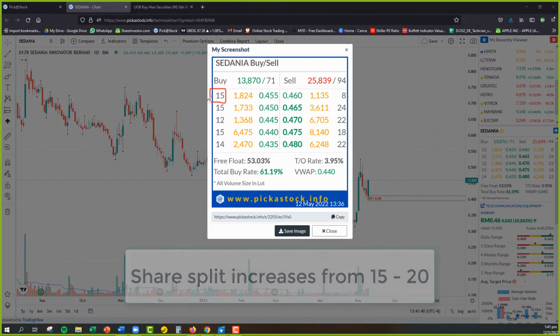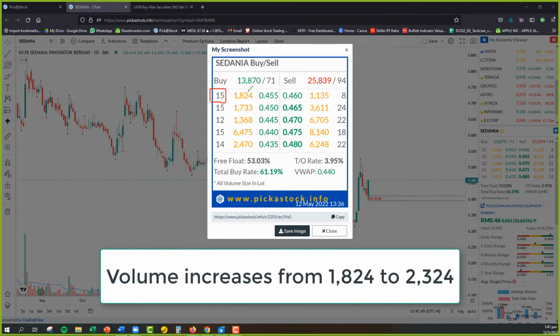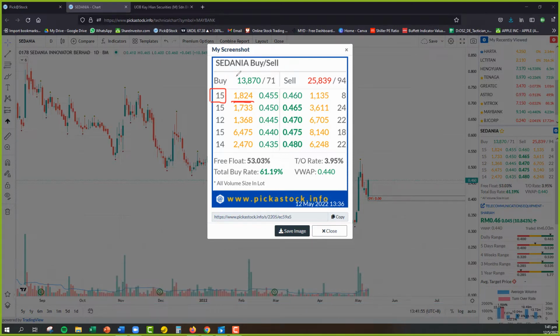And then the total volume will be 100 times 5, which is 500. And this will be shown up here. 1824 will become 2324 to indicate an increase of 500 lots to be bought at 45.5 cents. And essentially, that is what this market depth serves to show you.